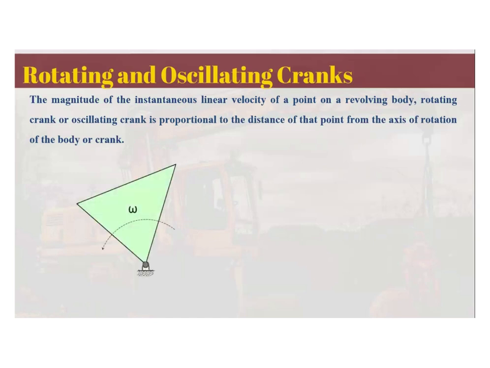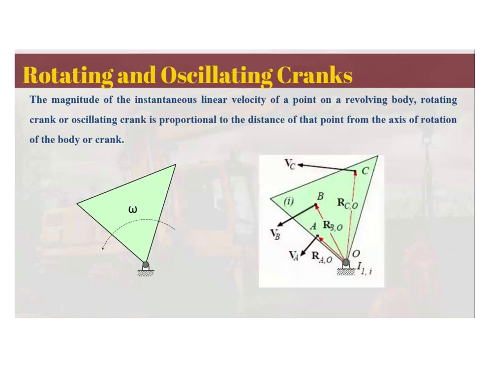Say, for example, you have this crank rotating at the joint with an angular velocity omega. If you are looking for the velocities of the different points on that crank, you have to compute the radius, or the distance, of that point to the center of rotation.